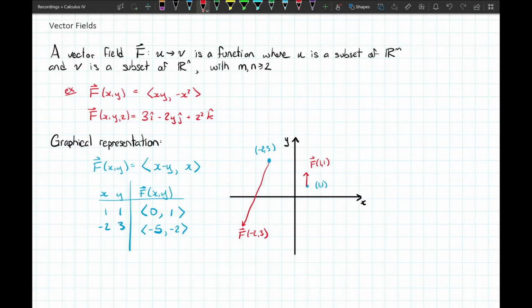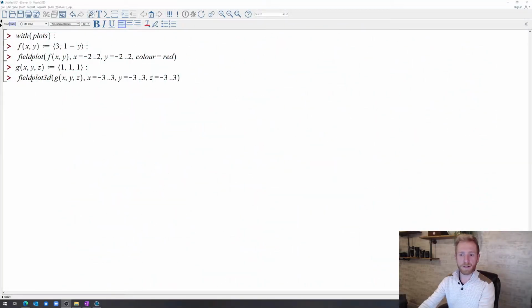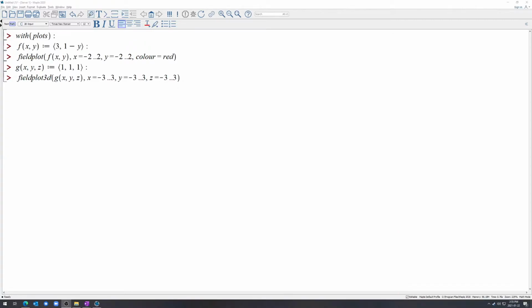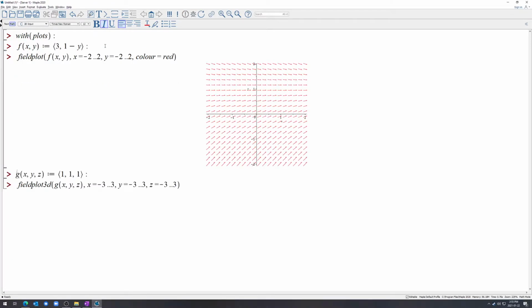So let's take a look and see how software like Maple will actually try to plot this for us. It might make a little bit more sense. Here I've got with(plots) to include a couple of additional plotting tools, and I'll show you both a 2-dimensional and 3-dimensional example. Here's the function 3 comma 1 minus y, and its vector field in red.